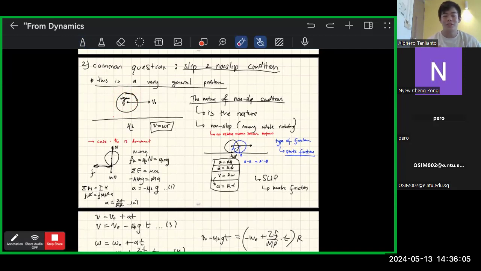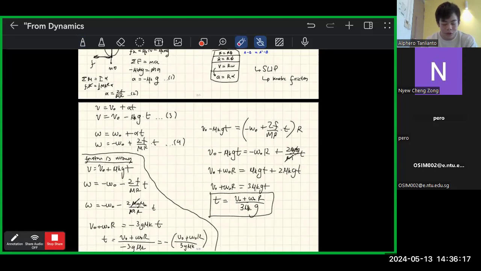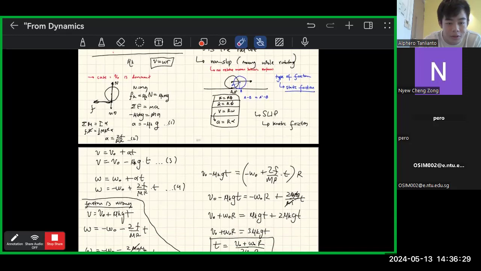I would advise you, this is my advice: just do it, and randomly choose any direction of the friction force. If you got it wrong, you'll know because you get a negative value of time, and then you just change it to the other direction. Can you define leftwards positive or rightwards positive?